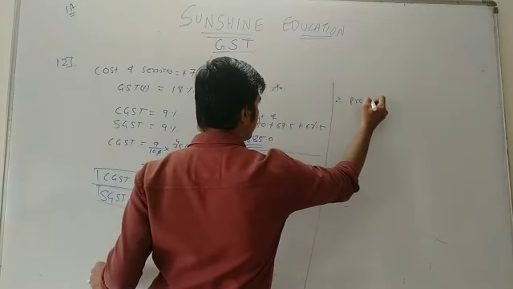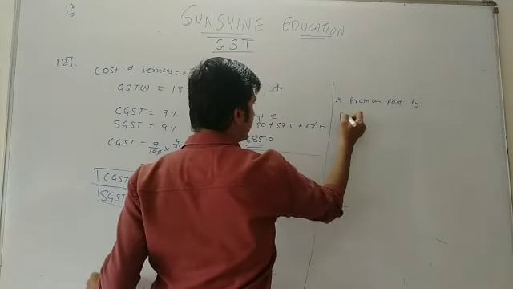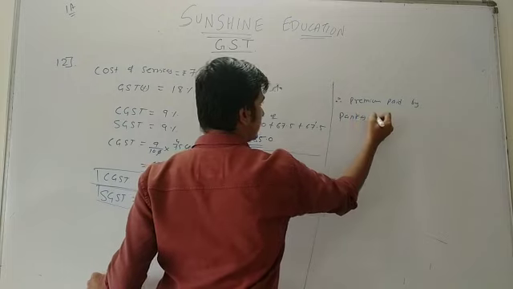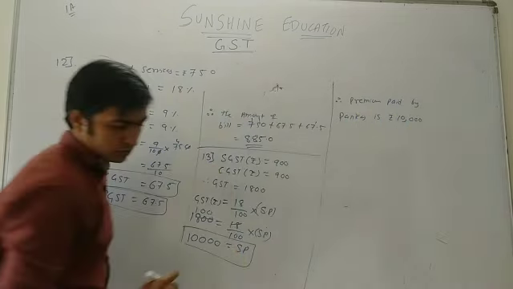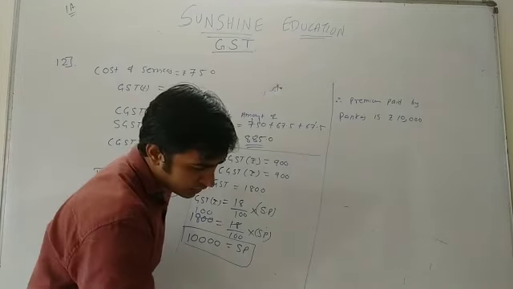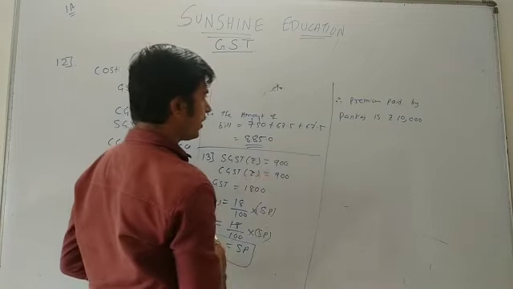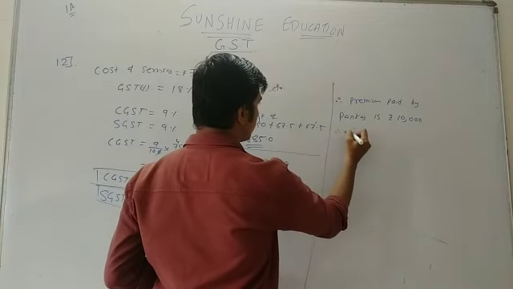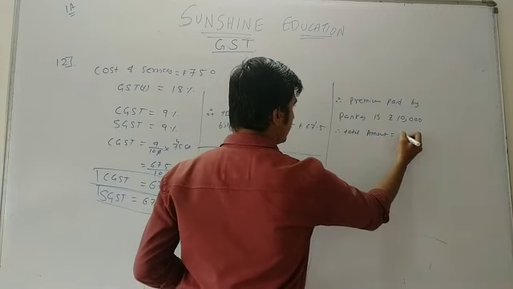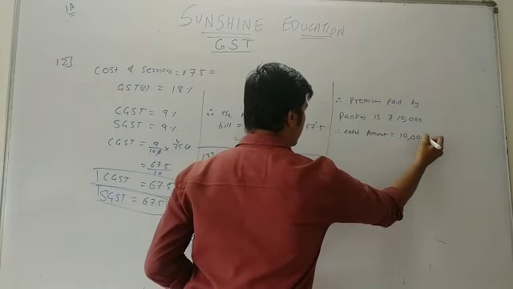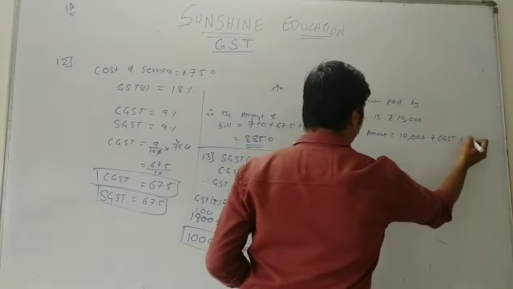Therefore, the premium paid by Pankaj is rupees 10,000. So that is the premium, and the total amount will be 10,000 plus CGST plus SGST.